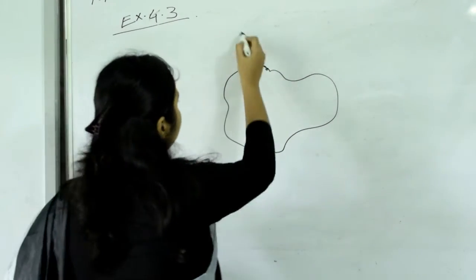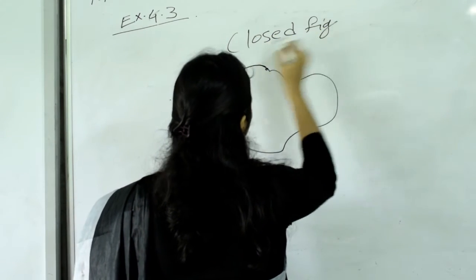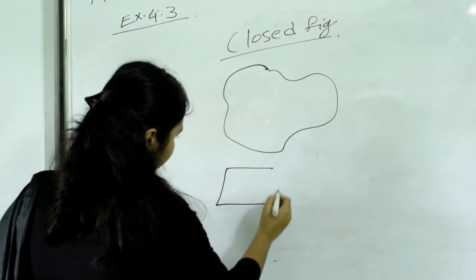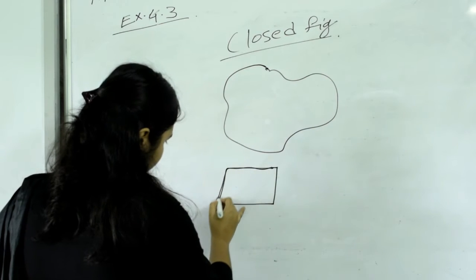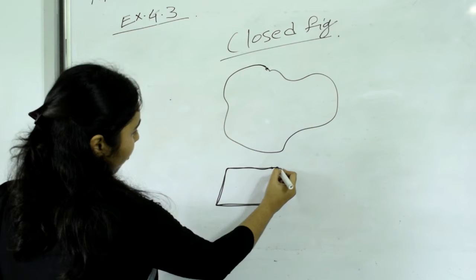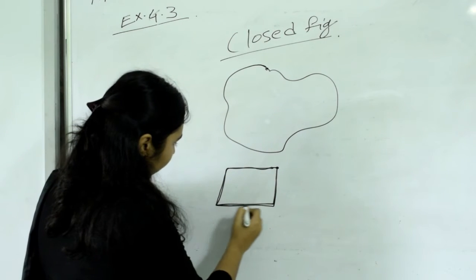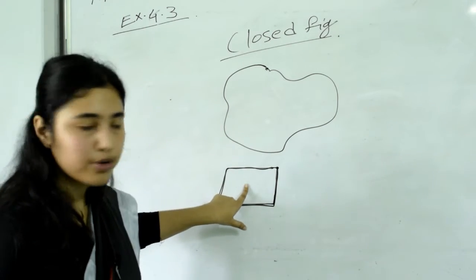So examples of closed figure: take a square, okay? So if this is the starting point, then we can draw it like this. So this is an example of a closed figure.